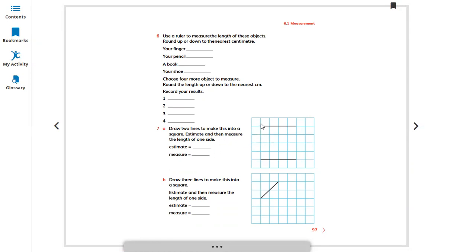So this one, 1, 2, 3, 4, because one box side is equal to 1 centimeter. So this is 4 centimeters. You can write here. Obviously our estimate and measurement are both the same.